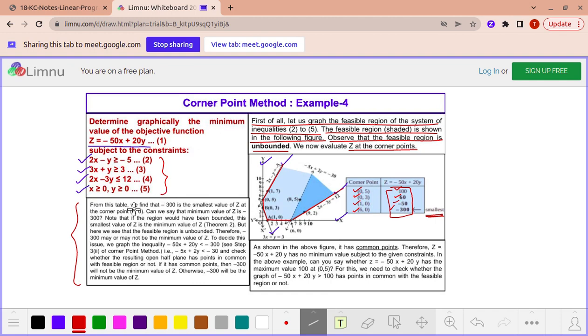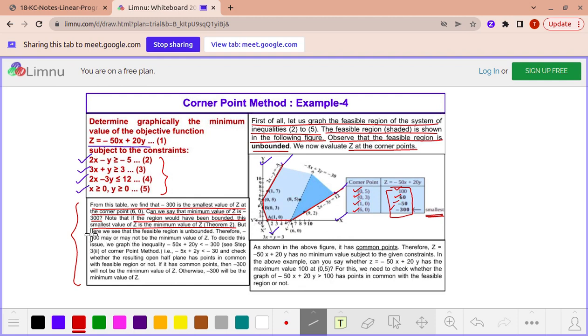So dear students, from the table we found that minus 300 is the smallest value of z at the corner point (6, 0). Correct? Minus 300 is obtained when x equals 6 and y equals 0. Now can we say that the minimum value of z is also minus 300? Note that if the region were bounded, the smallest value of z is the minimum value of z by means of theorem 2, which we described in the previous session.